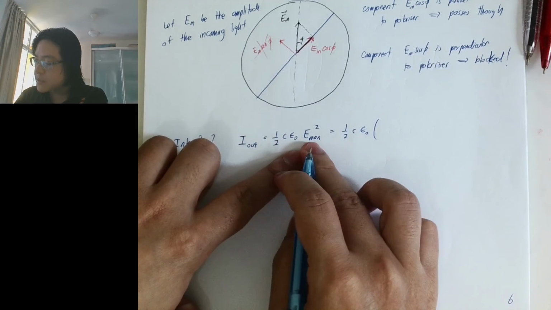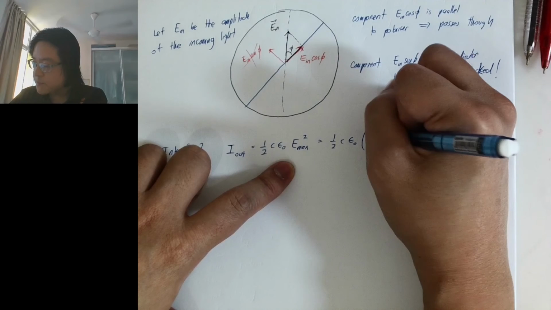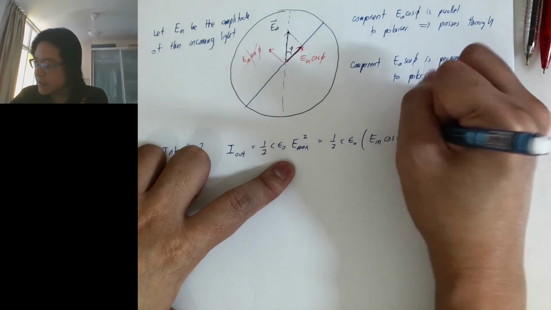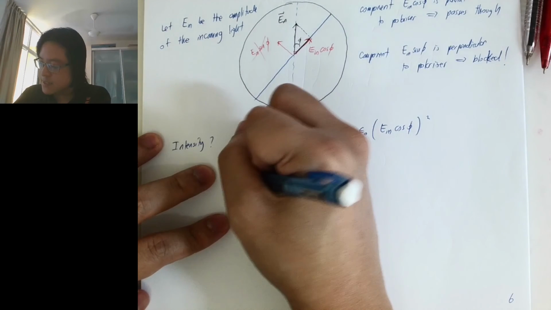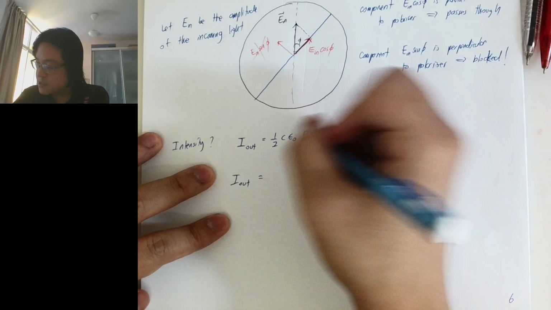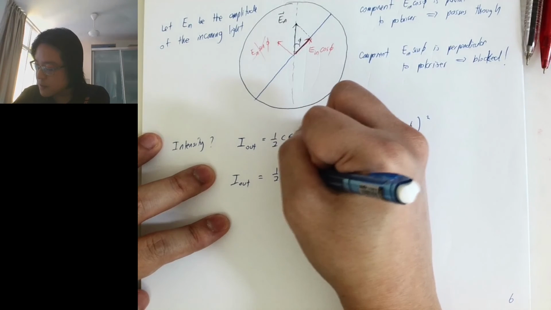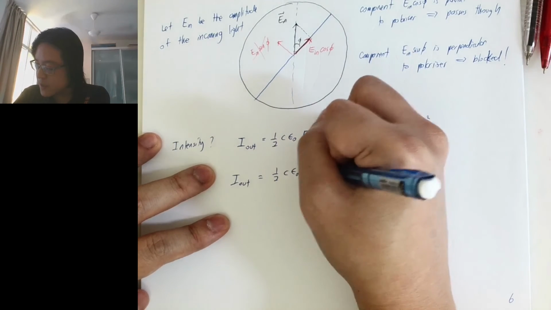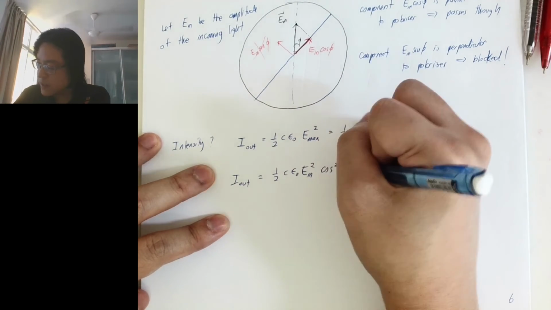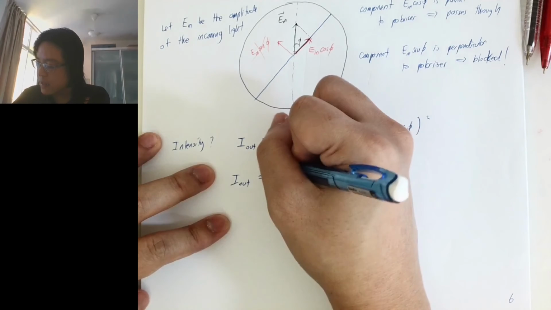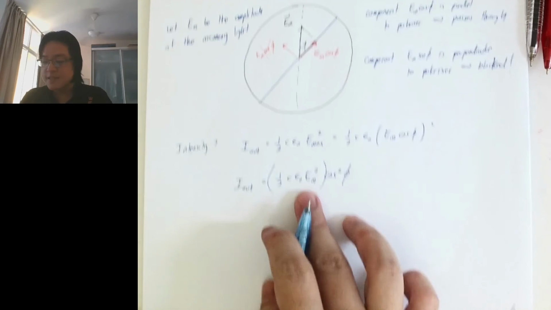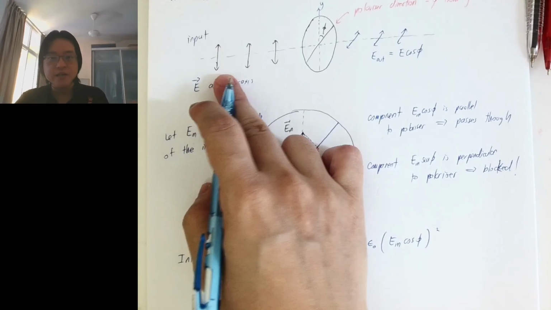The amplitude is now E input cos phi, squared. So what we find is that my output intensity is half c epsilon, E input squared, cos squared phi. And this is just the intensity of the original light coming in.